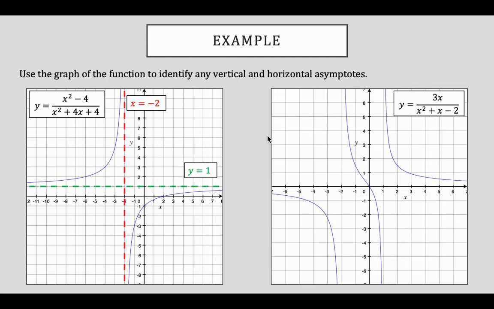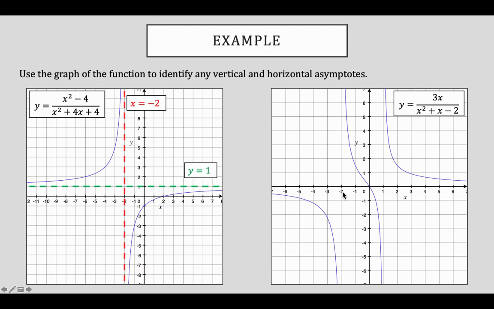All right, let's look at another example. Here we have another rational function, a polynomial divided by a polynomial. This one is y equals 3x divided by x squared plus x minus 2. So, to identify vertical asymptotes, we need to find anywhere where our function increases or decreases without bound as x approaches a real number.